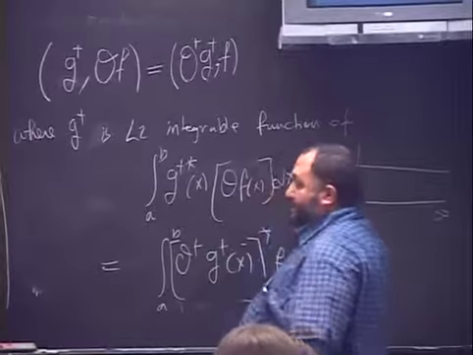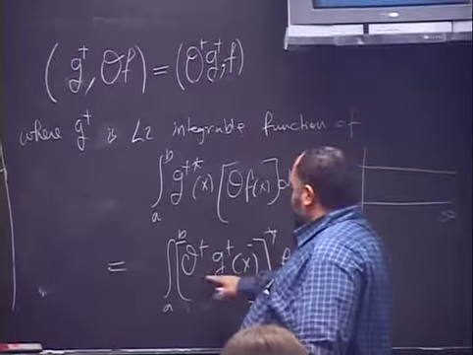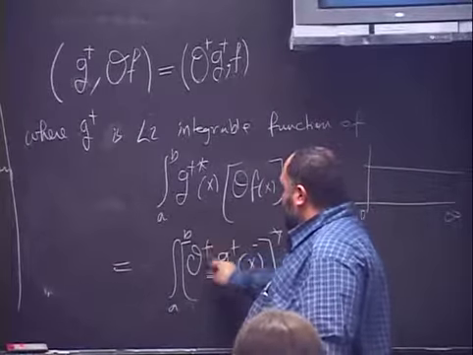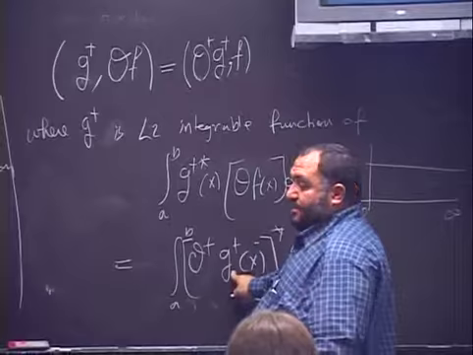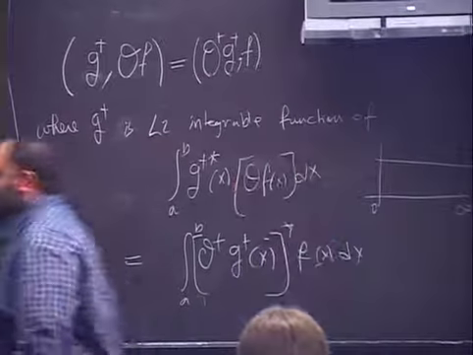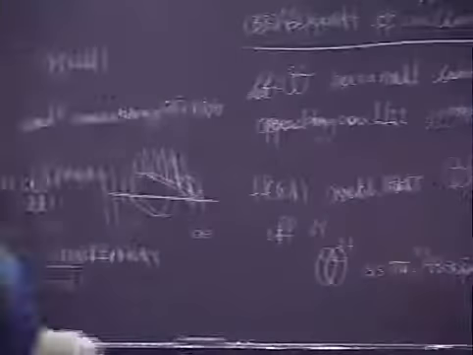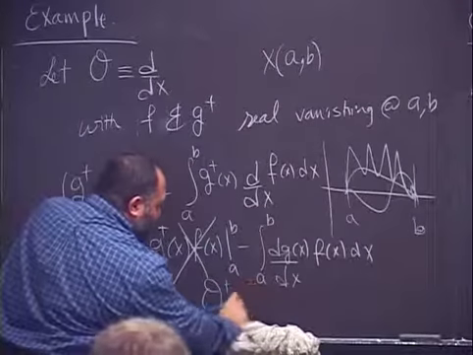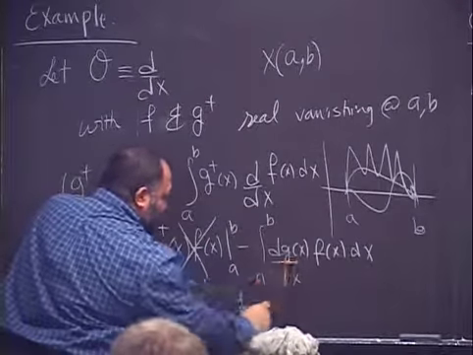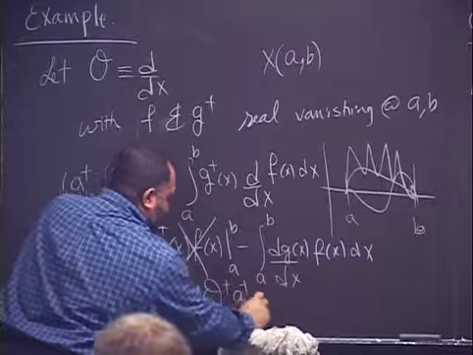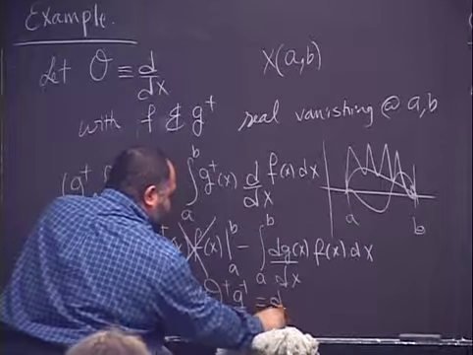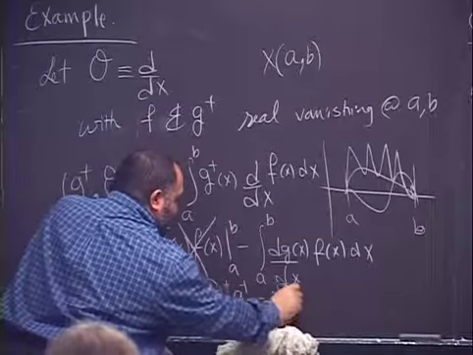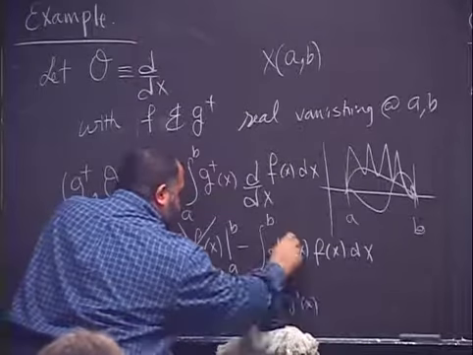If you look at this part and this part, compare. You have f of x and you have f of x. And then you have some operator, which is the adjoint operator, operated over g dagger. You will notice that the adjoint operator operated over g dagger is just equal to minus d by dx multiplied by g dagger of x.